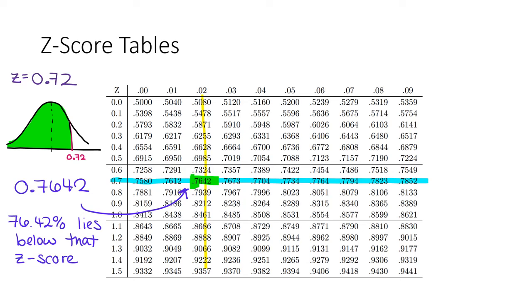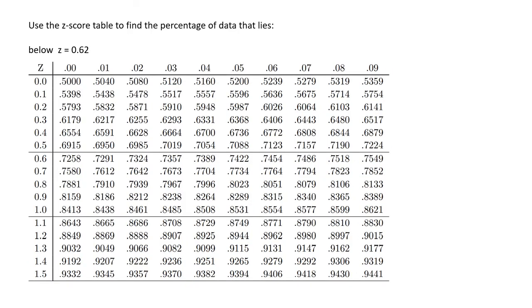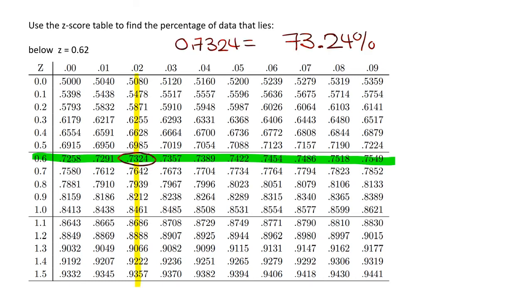All right, so I want to run through several examples just to get us familiar with using this table. So here's my first example. Use the z-score table to find the percentage of data that lies below z equals 0.62. So I'm going to look up 0.62 on my table.